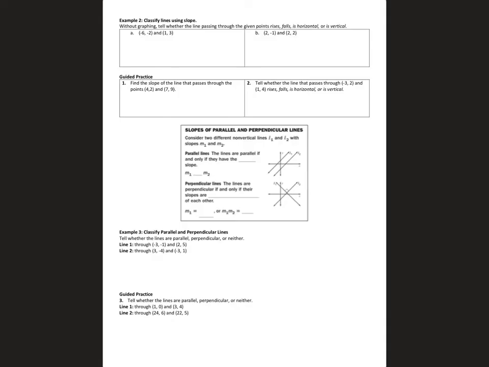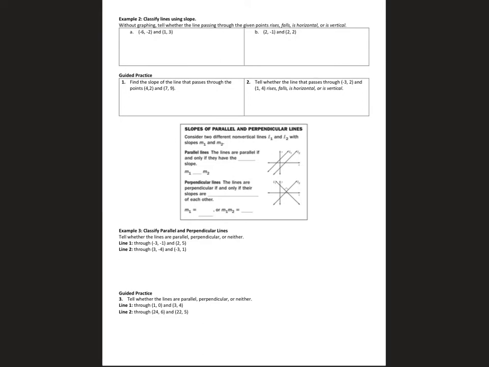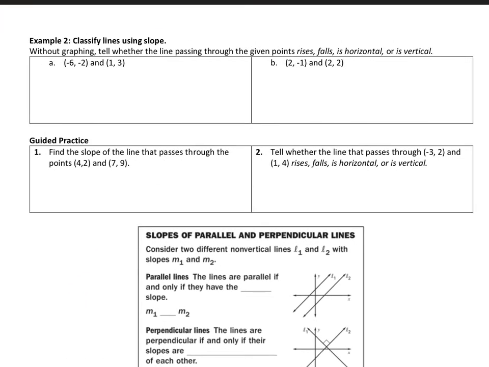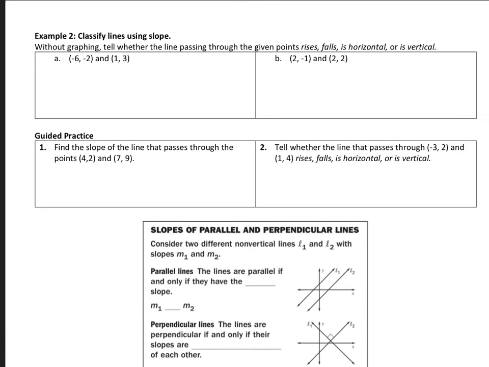So moving ahead, I'm going to zoom this in a little bit. Let's look at classifying lines using slope. We're still using that formula, but then we're telling whether that line rises, falls, is horizontal, or is vertical. So to find the slope of this first line, y2 minus y1, 3 minus negative 2.